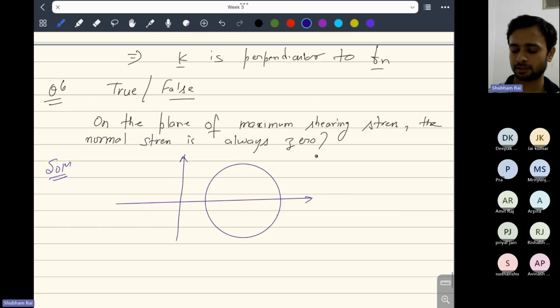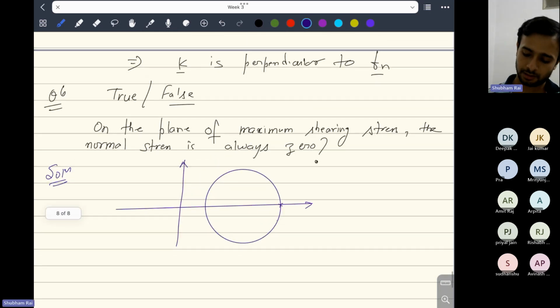Here you have shear stress, here you have normal stress, and the maximum shearing stress is this one. At this point, the normal stress is not zero. Here you have some value of normal stress, right?